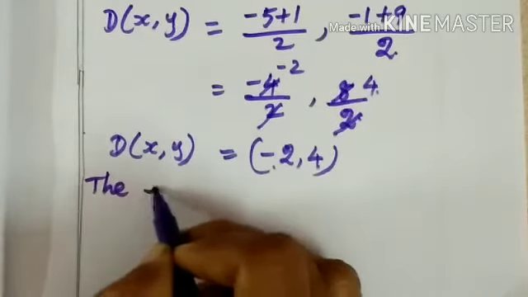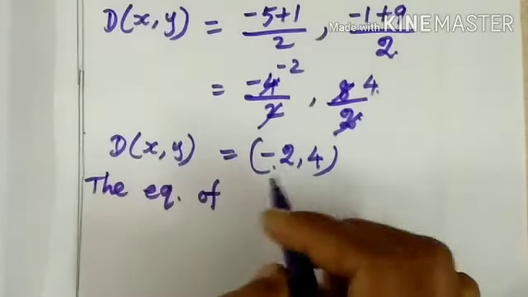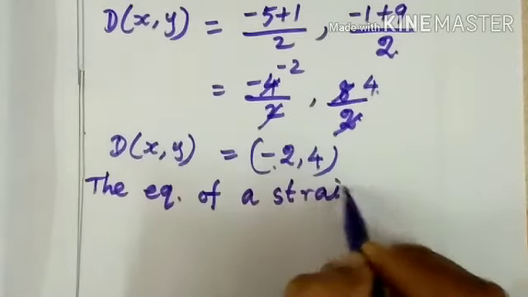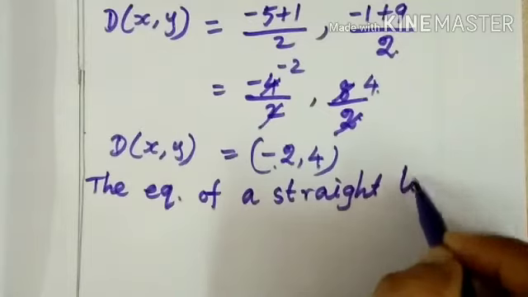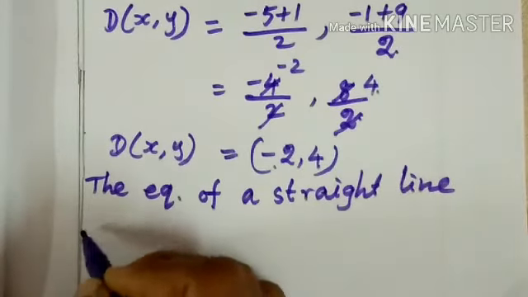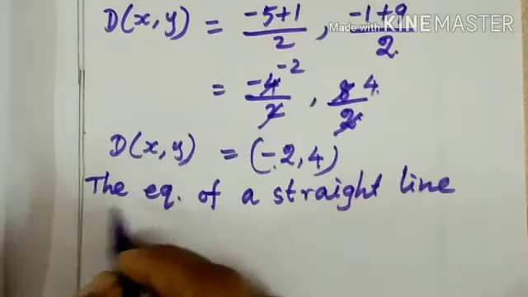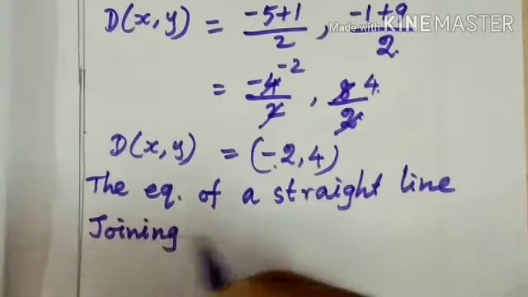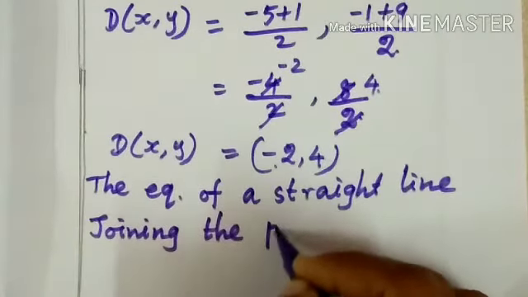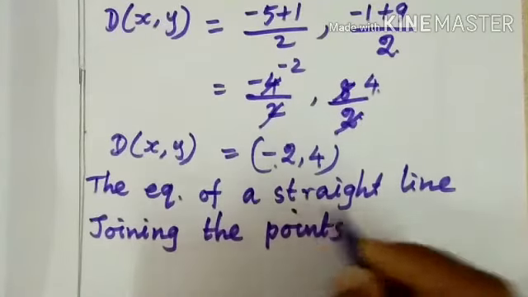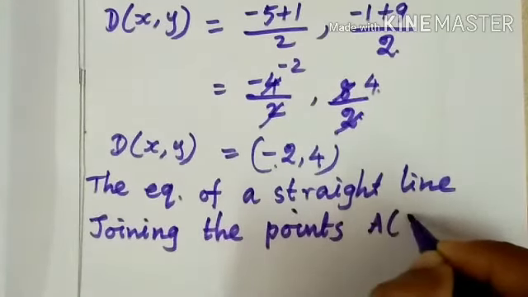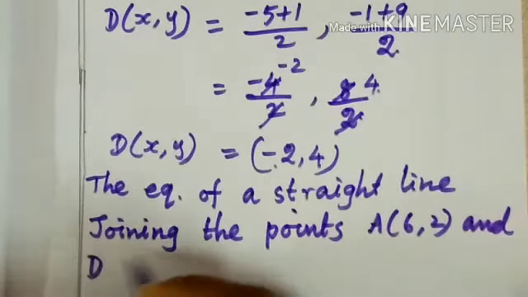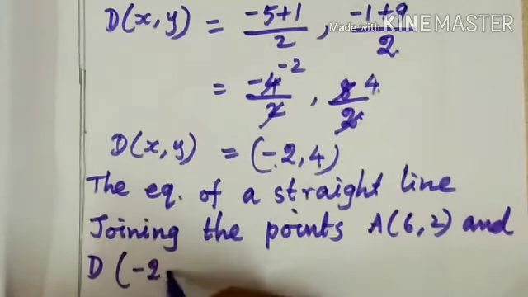The equation of a straight line joining the points A (6, 2) and D (-2, 4).